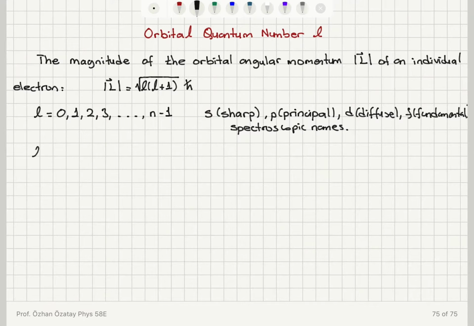So for L equals 0, notice that the magnitude of the orbital angular momentum is 0. So what does that tell us in terms of the magnetism?